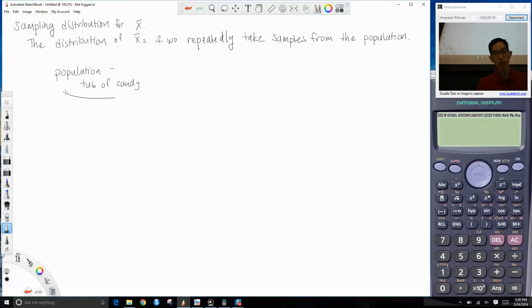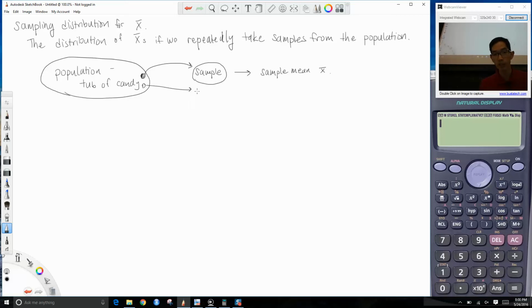But this time, the thing we're interested in is a numeric variable. So we take a little piece out of the population. This is our sample. And the thing that we record from the sample will be the sample mean, x bar. And we do this over and over and over again.